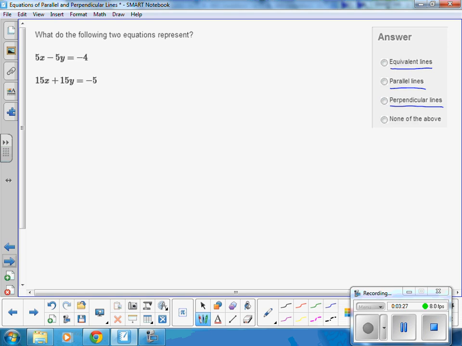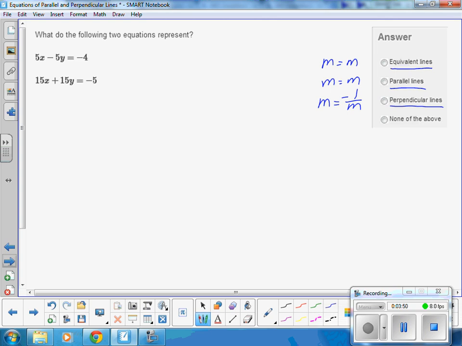So on equivalent and parallel lines, your slopes are going to be the same. Slope's going to equal slope. On a perpendicular, whatever the slope is equal to, the perpendicular line is going to be the opposite, so the sign changes, and the reciprocal. So it'll be negative 1/m. Algebraically, that's how that's written.